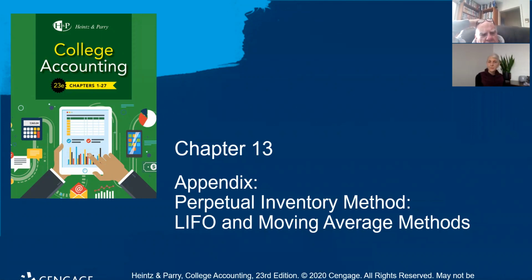So I think this is a little bit more of an interesting chapter. We're getting into some more real world type things as we go along here. Costing inventory, costing your sales, the cost of goods sold. Okay. The next three chapters, 13, 14, 15, are all about the perpetual inventory system. Okay. And then there's a test I see on April 7th.